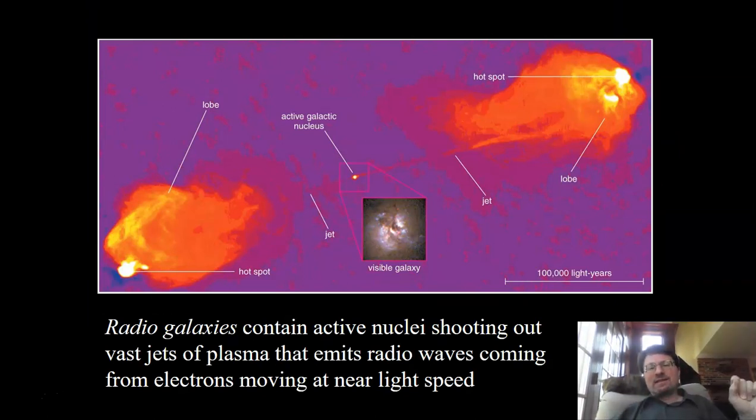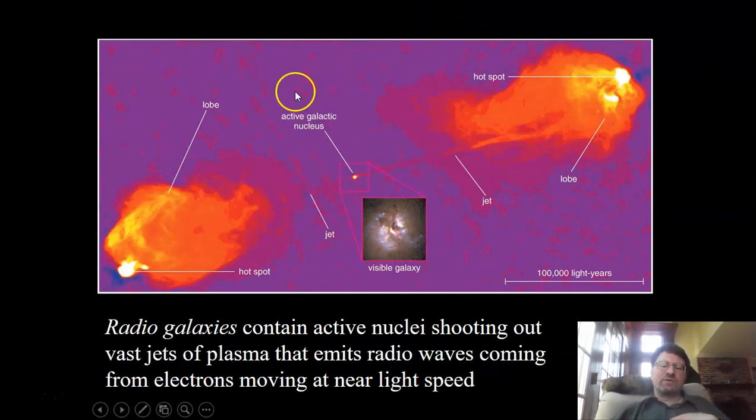Now, radio galaxies are a type of active galaxy. However, they are having their central engine's view blocked by dust that encircles it.